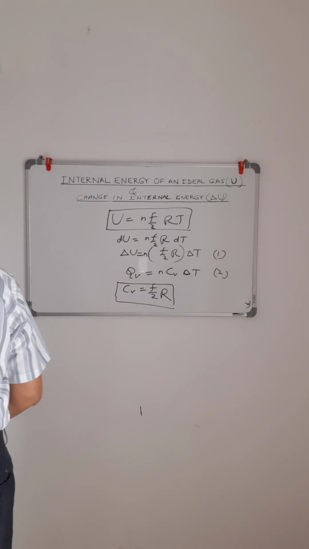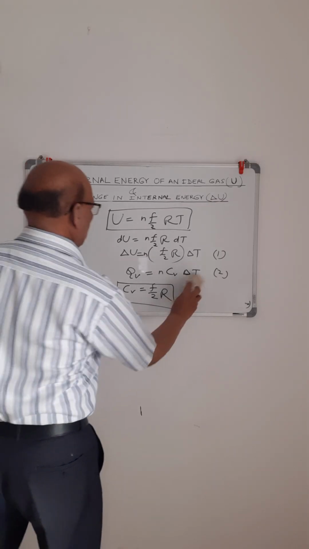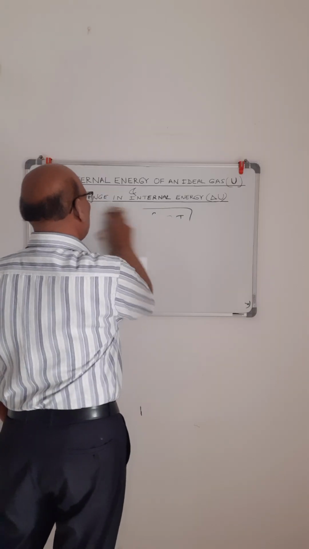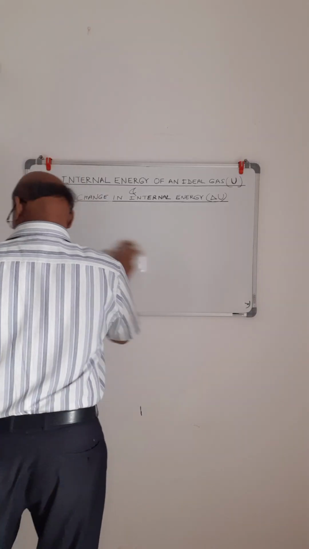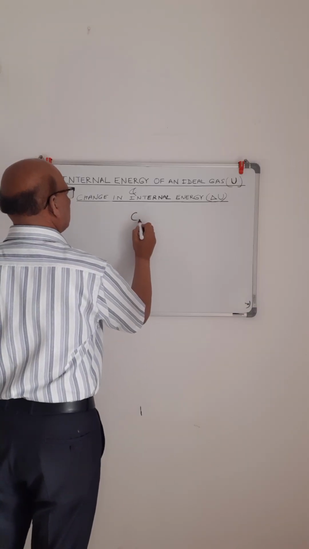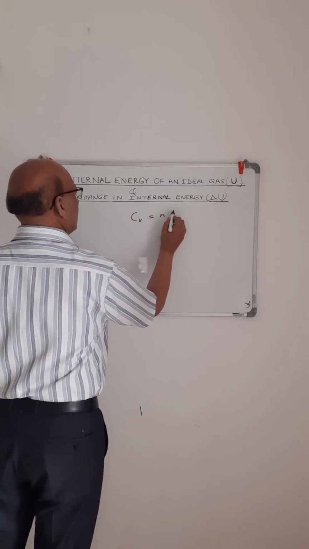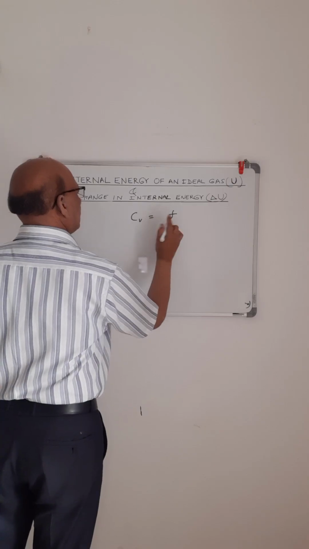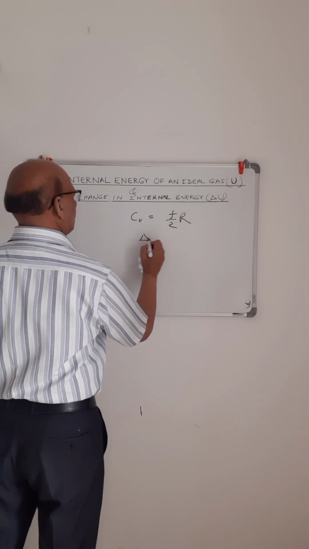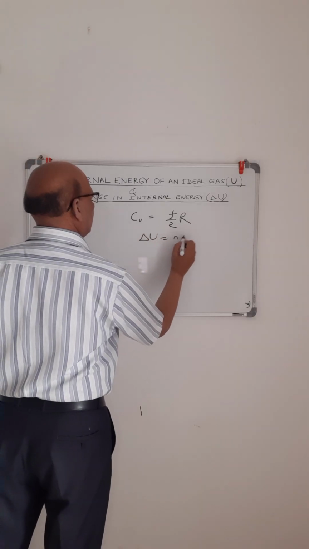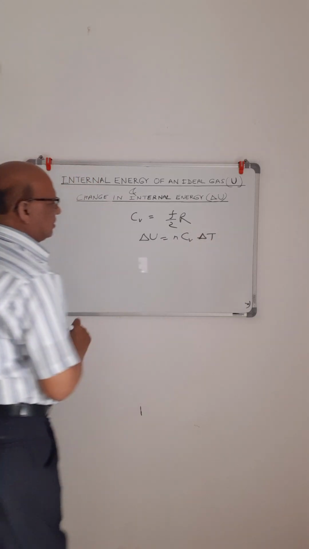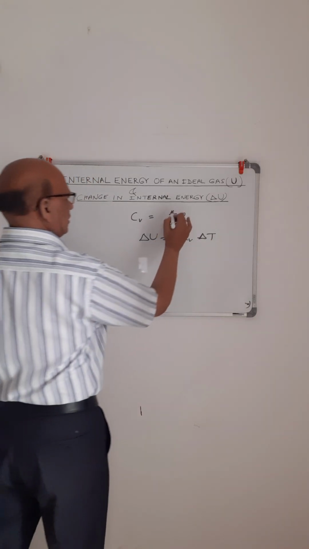So our formula will be CV equal to F by 2 into R, where delta U equal to nCV delta T. Okay, so this is our formula.